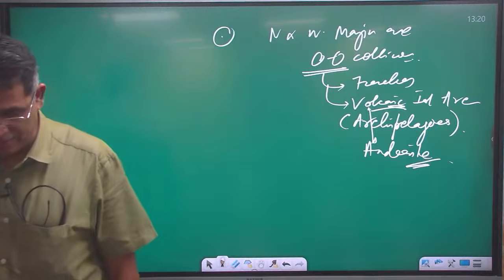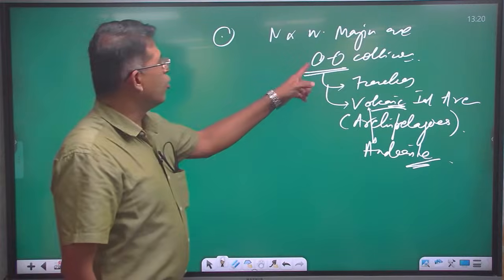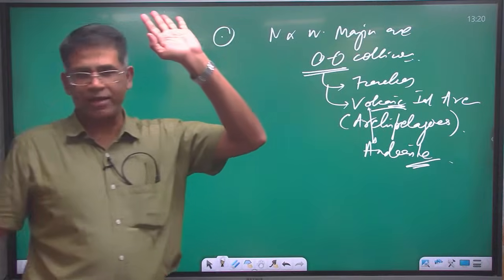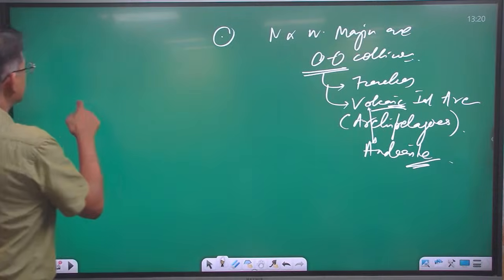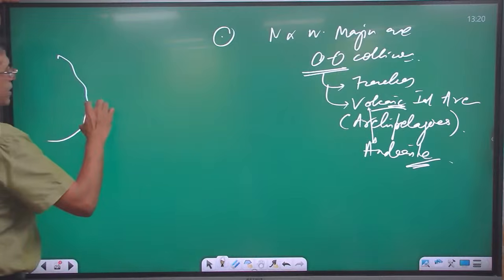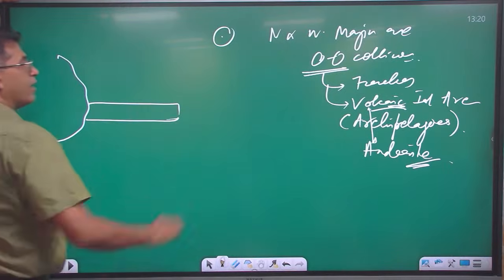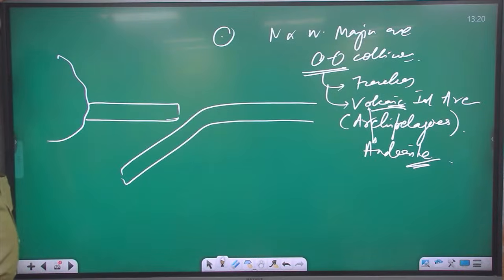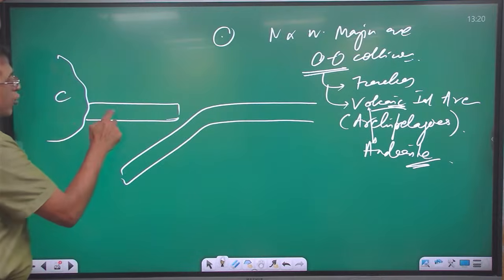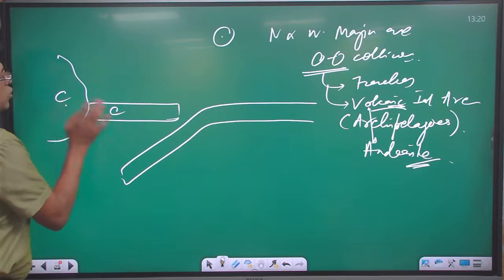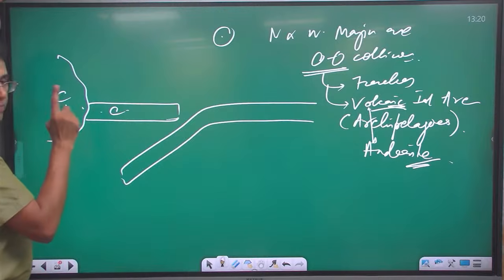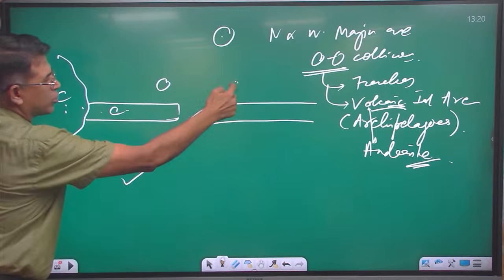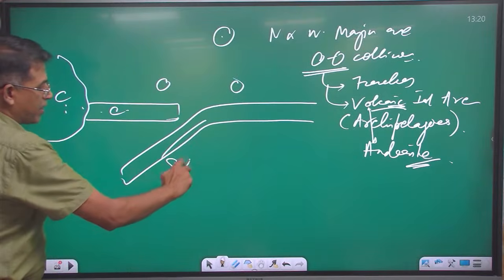What are the features? Wherever O collision is happening, those locations will have trenches. Understood? Okay, imagine this is the continent part. This is an ocean sliver, and another ocean part is subducting. This continent and this ocean part together are one plate, and this is a different plate. Collision is happening, so this is O collision, and this is the subduction.